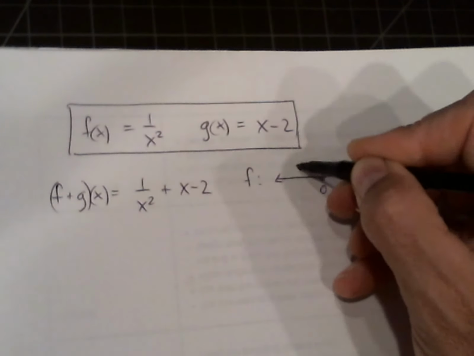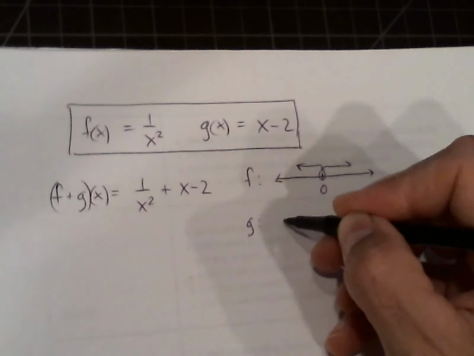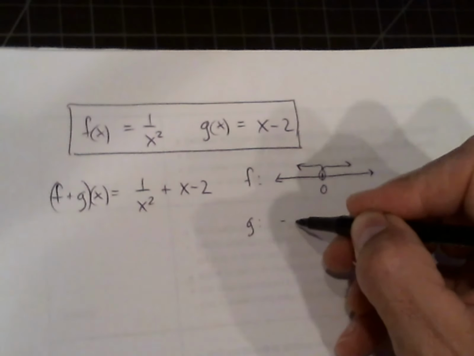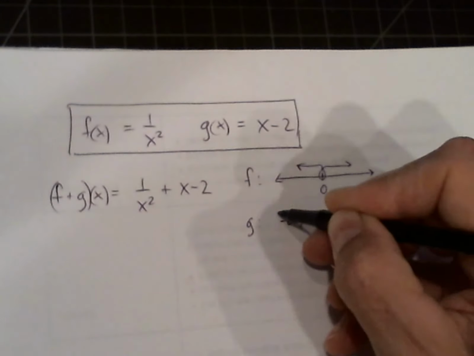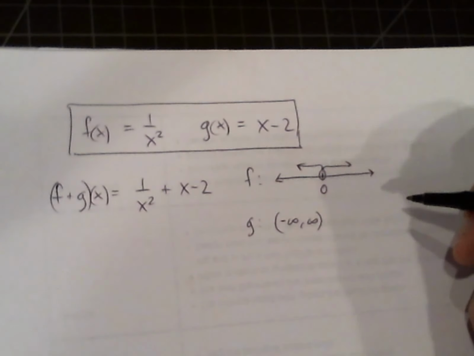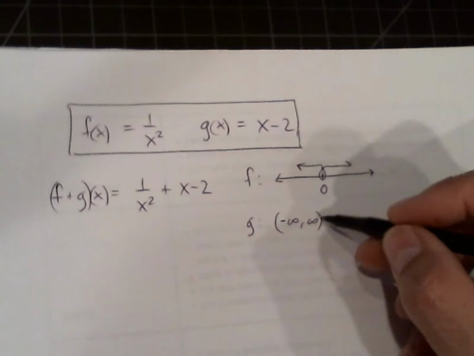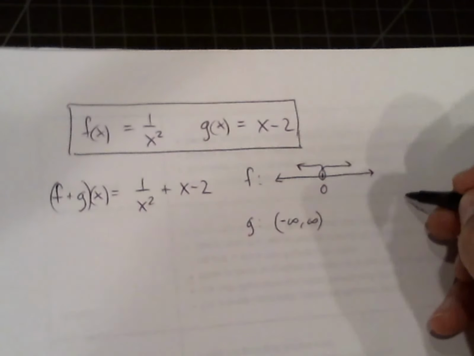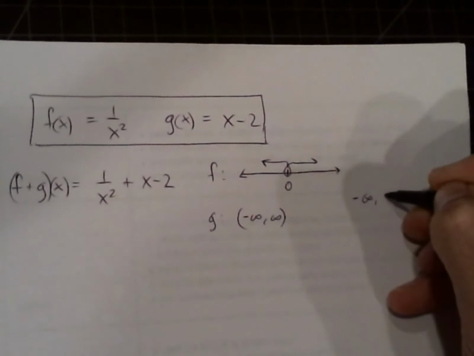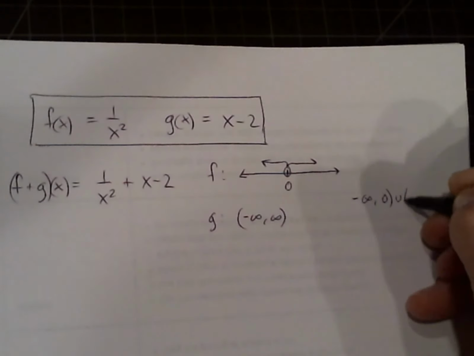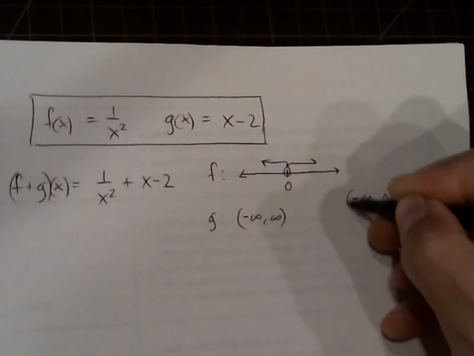We're going to go either way there. G, all real numbers. And we want to have the overlap of all real numbers and this. So the domain is going to be -infinity to 0, 0 to infinity.